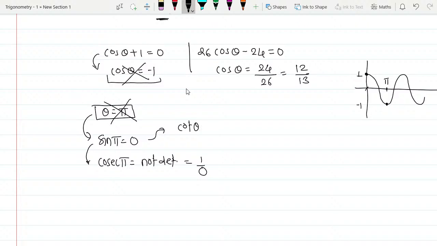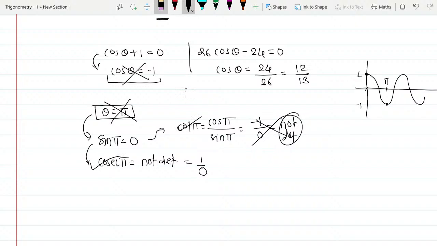Cot pi is nothing but cos pi upon sin pi. If sin pi is 0, then cos pi is -1 by 0. -1 by 0 is again not defined, so this is also not defined. So at the value of pi, your cosec and your cot are not defined.